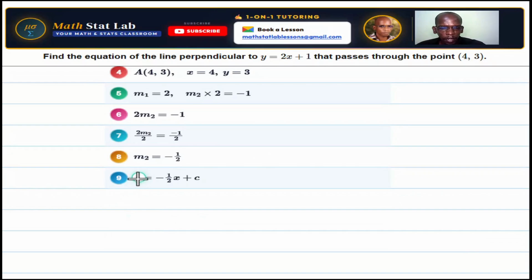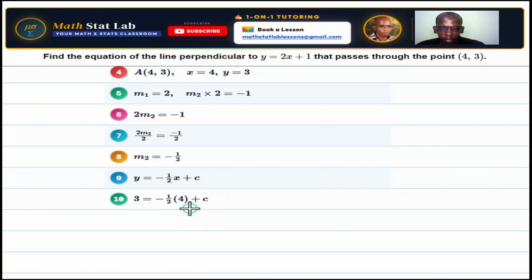Anywhere in this equation where we have y, we replace it with 3, and anywhere we have x, we replace it with 4. So it becomes 3 = -1/2 × 4 + c, because c is the one we are trying to find.